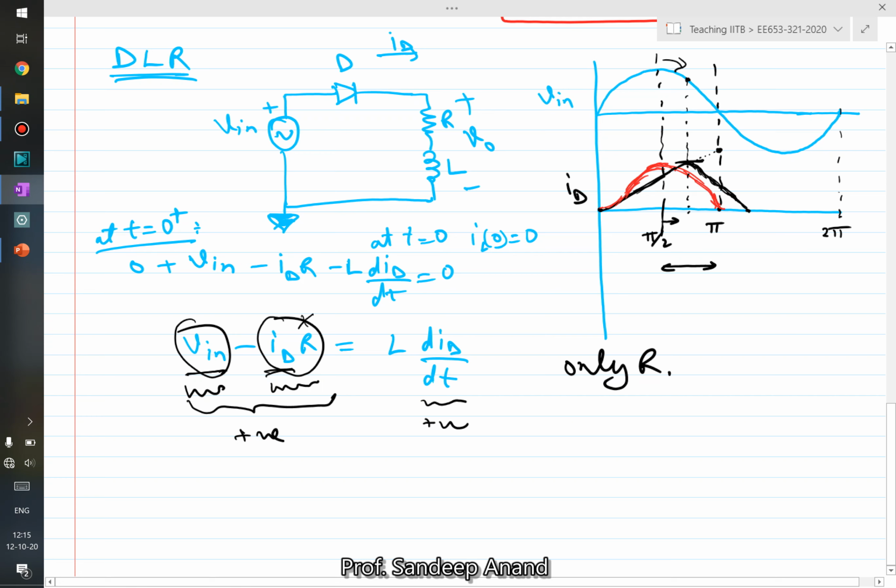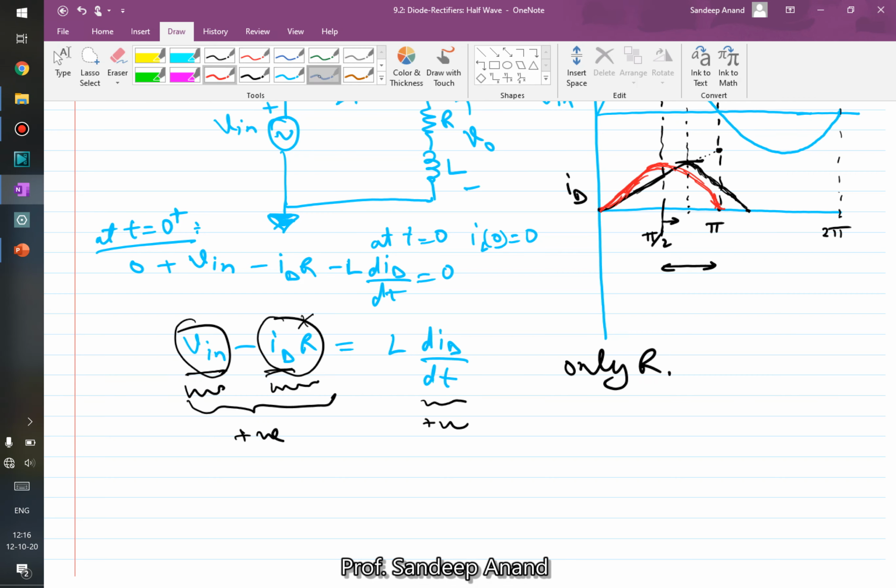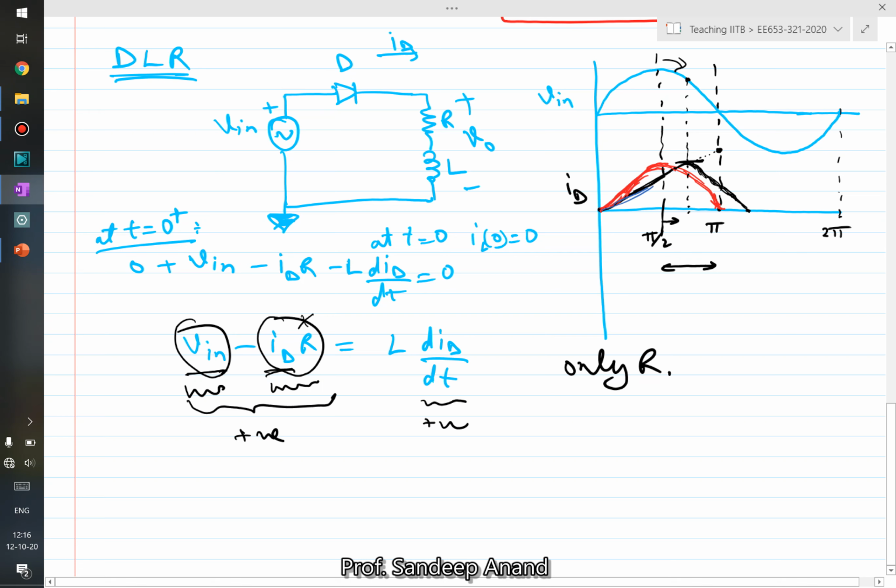So this is what happens when you have pure R. If you have only L, then the waveform looks something like this. So if you have both R and L, you land up somewhere in between these 2 points of stop conduction, and similarly the peak value lies in between pi by 2 and pi, right?